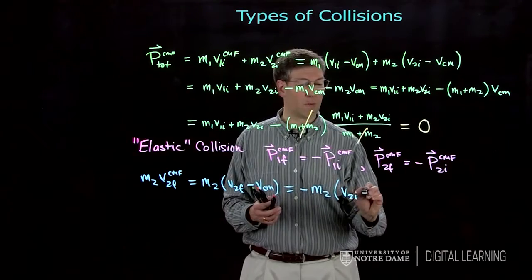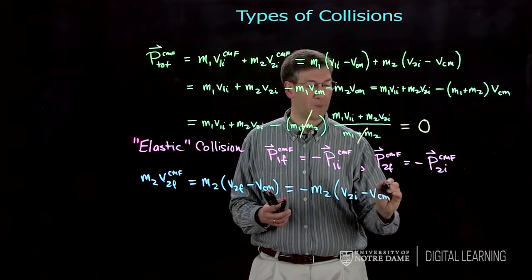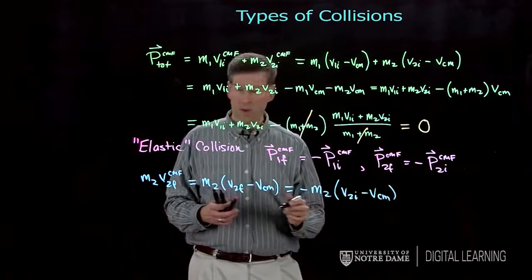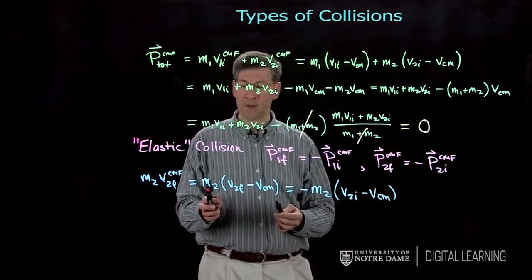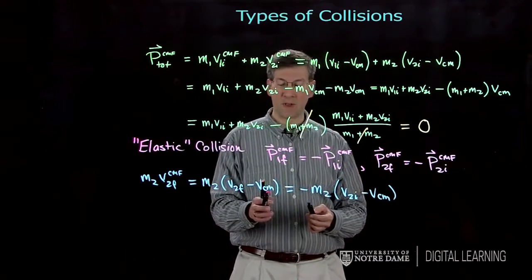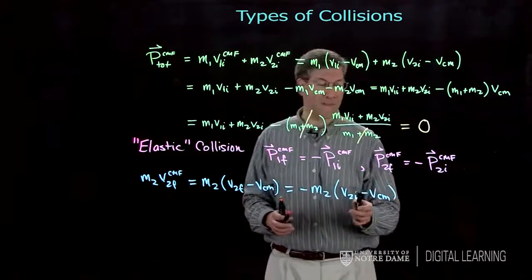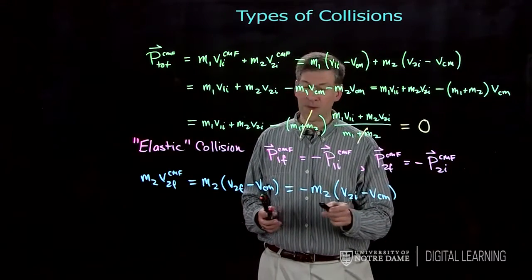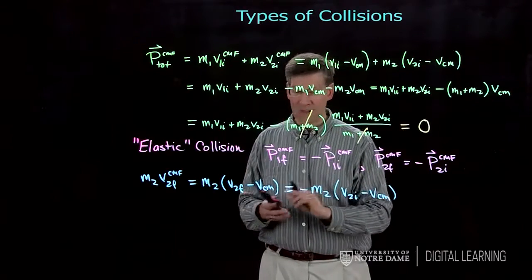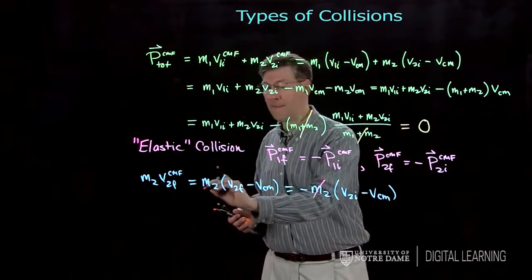v2 initial minus vcm. And so if I look at this, I've got mass 2 times v2 final minus vcm is equal to minus mass 2 times v2 initial minus vcm. And so if I want to combine terms here, I can divide out the masses. The masses are going to cancel out.